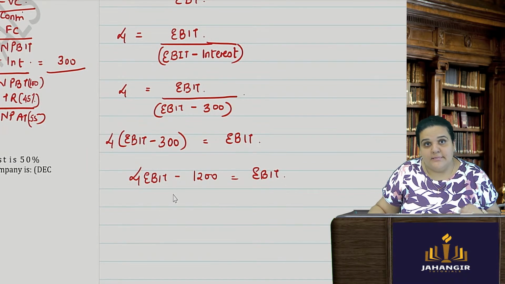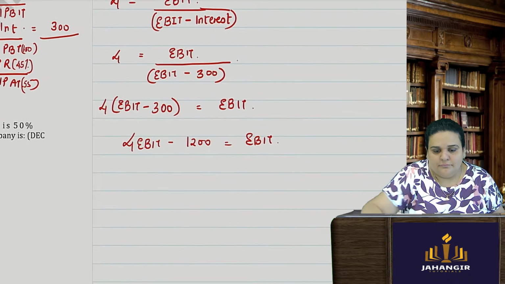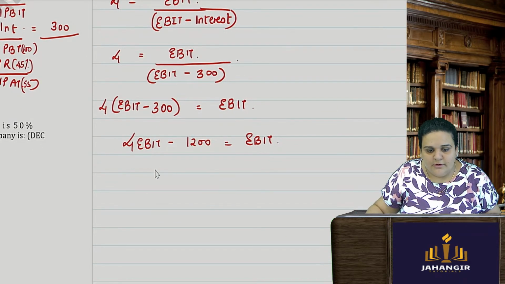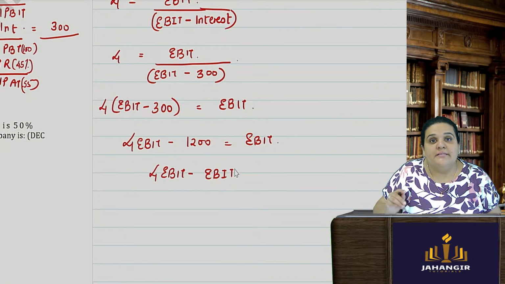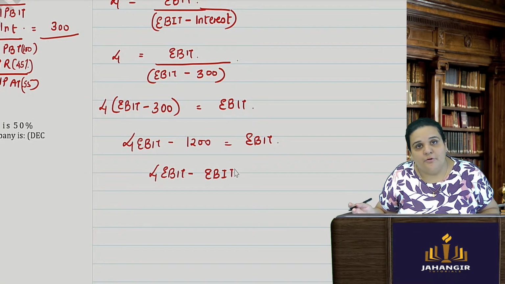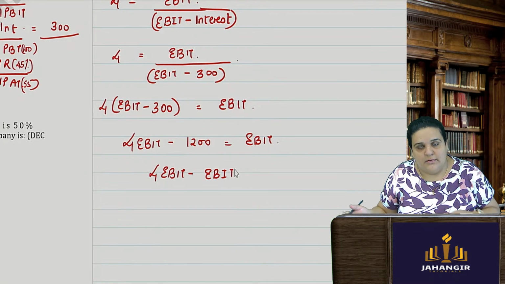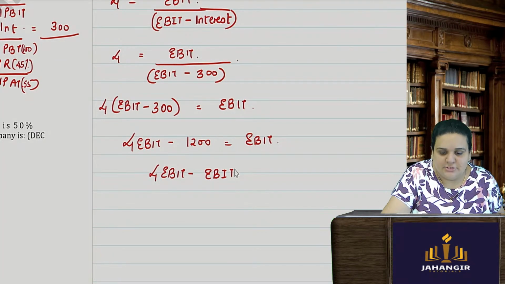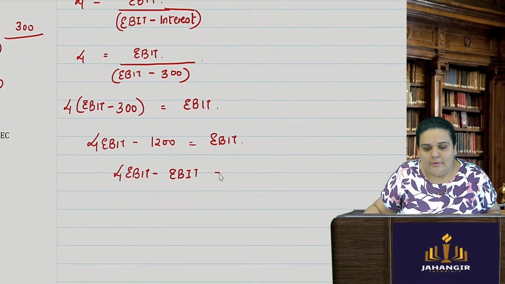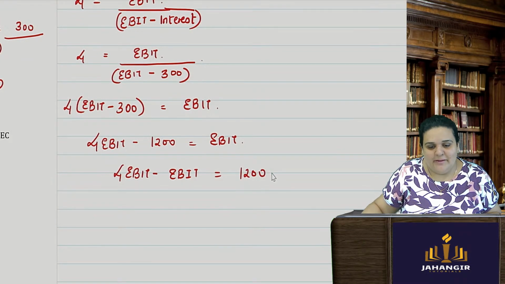One very interesting sum. So here 4 EBIT minus EBIT. Basics of maths: when you're shifting a particular variable from one side of the equal to sign to the other side, the sign will change. So this will become 1200.